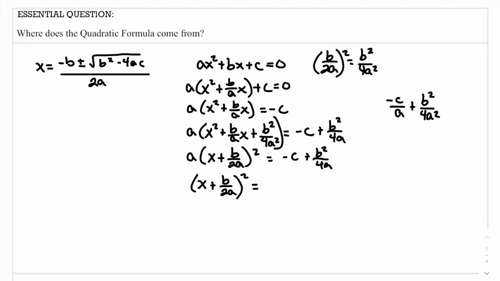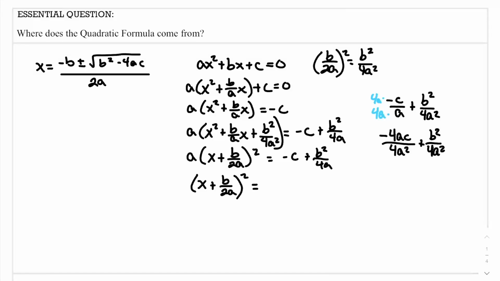But now we need to get common denominators and add our fractions over here. So we can multiply top and bottom by 4a, which gives us negative 4ac over 4a squared plus b squared over 4a squared.